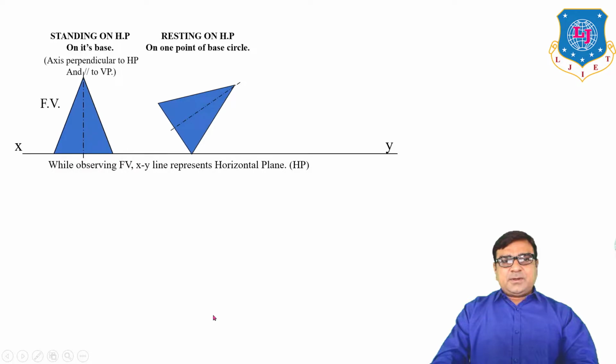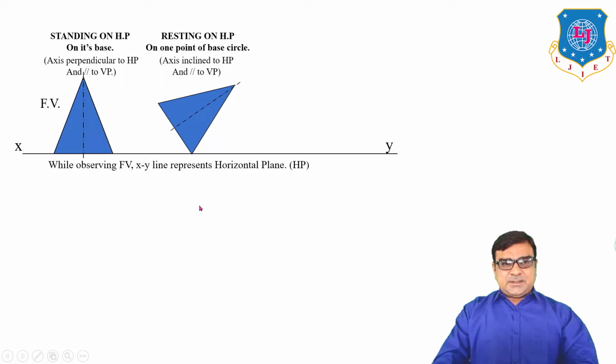If it is resting on HP on one point of the base circle: in the first case, all the points on the periphery of the base are in HP, but in this case, only one point of its base circle is in HP. So we must incline this base with the horizontal plane. If you incline the base with HP, the axis is also inclined.